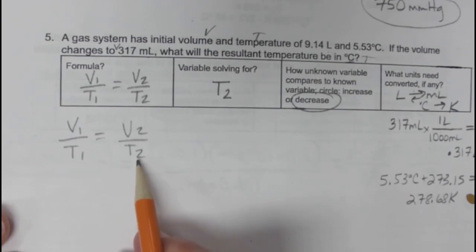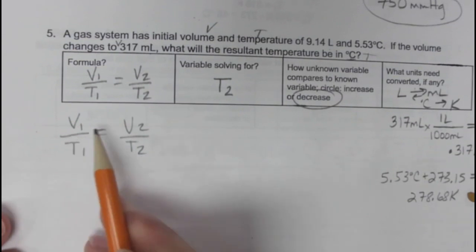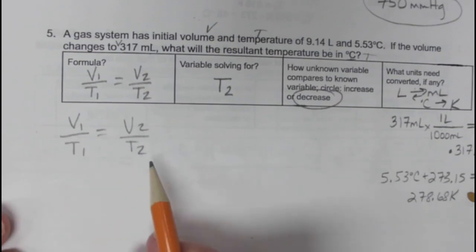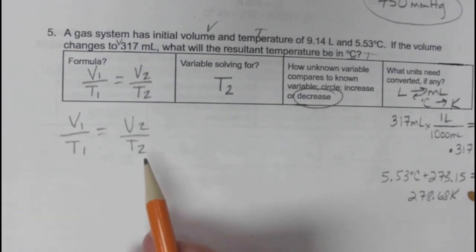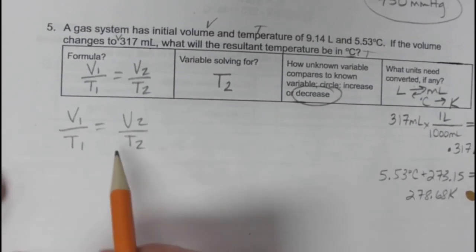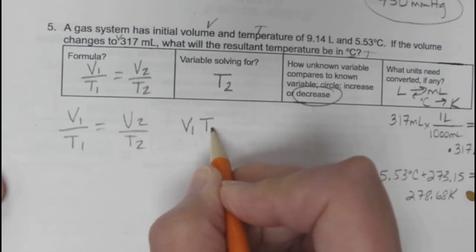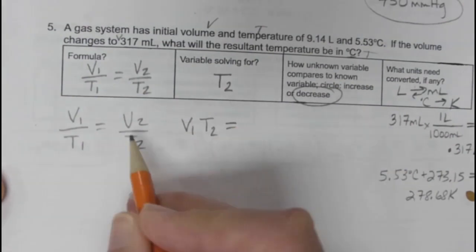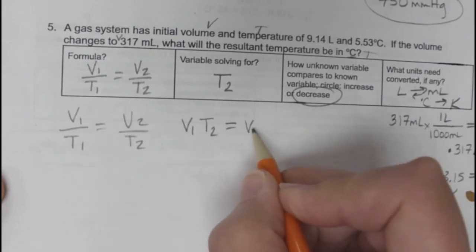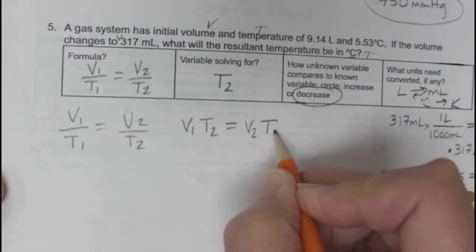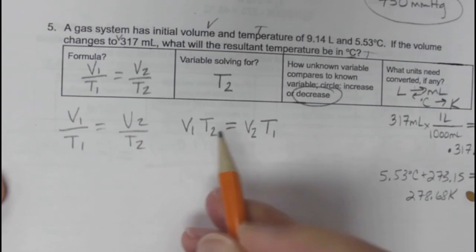So you can do a couple different things. You could flip them both, and then it could be on the top. We're going to cross multiply, and then we're going to rearrange from there. So if we cross these, we have V1 times T2 equals, and we cross multiply these, V2 times T1. We're solving for T2.